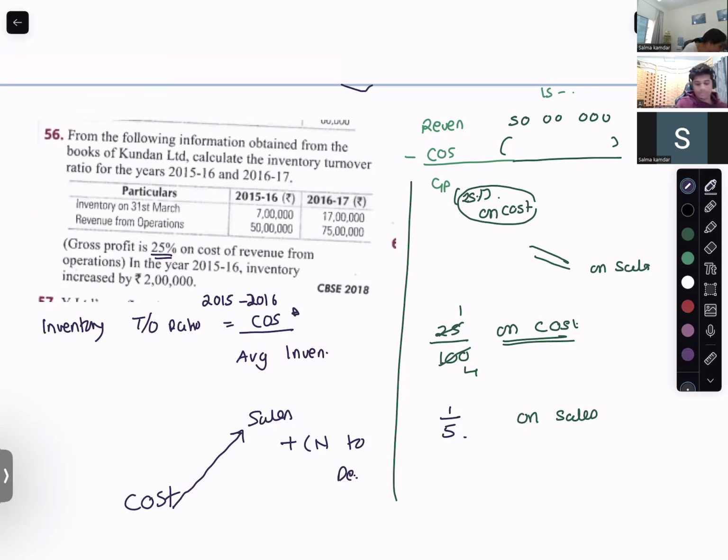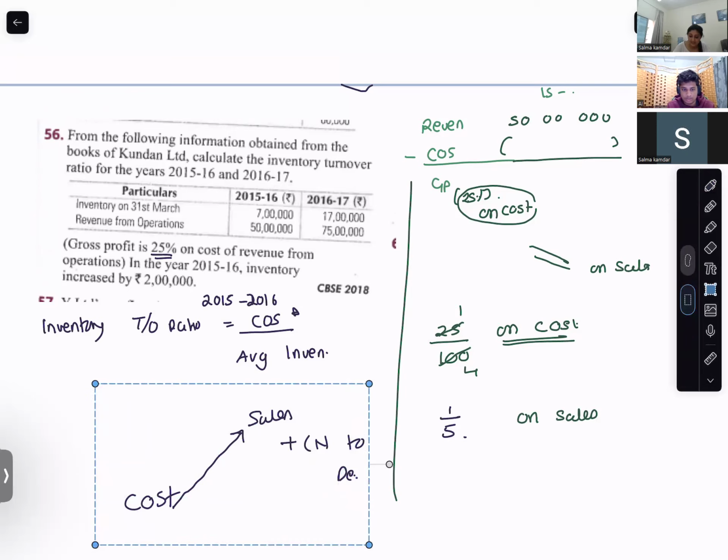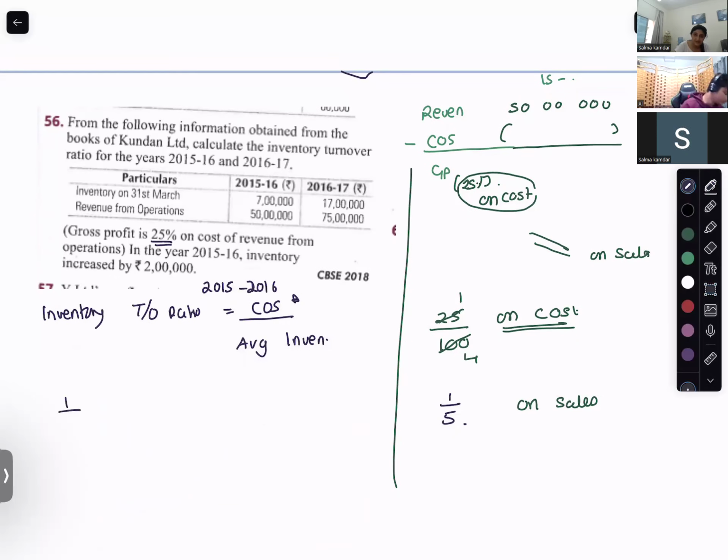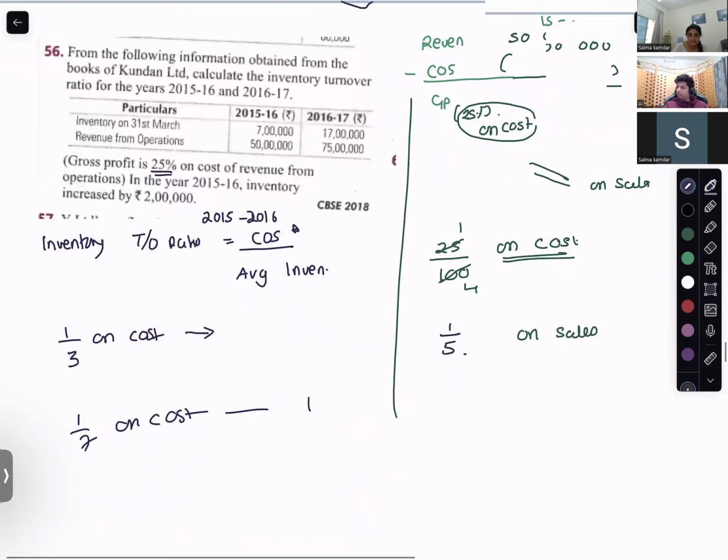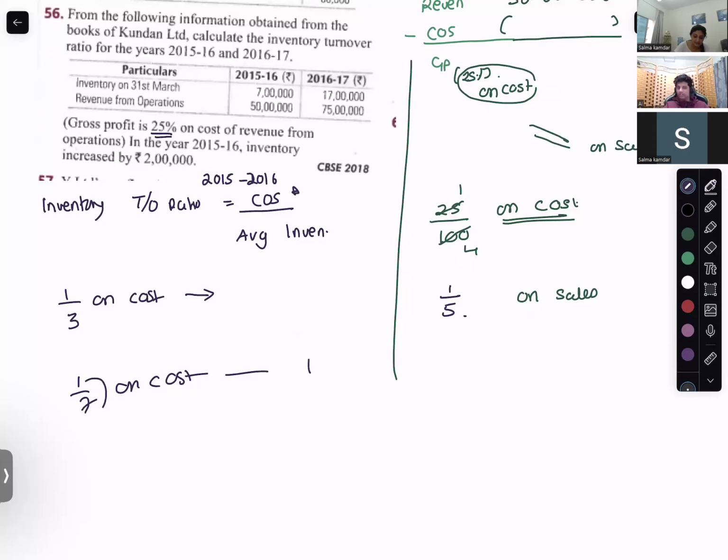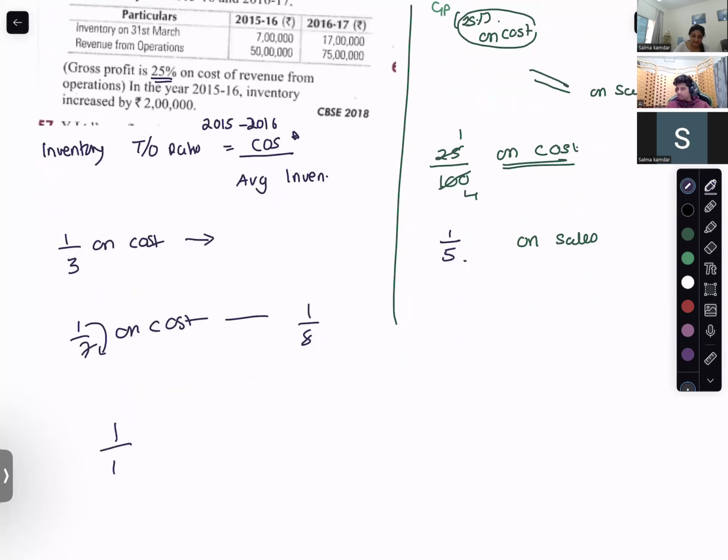Are you with me? 1/4 on cost becomes how much on sales? 1/5 on sales. Let's take 1/3 on cost, how much on sales? 1/4. 1/7 on cost will become how much on sales? 1/8. 1/11 on cost will become how much on sales? 1/12.